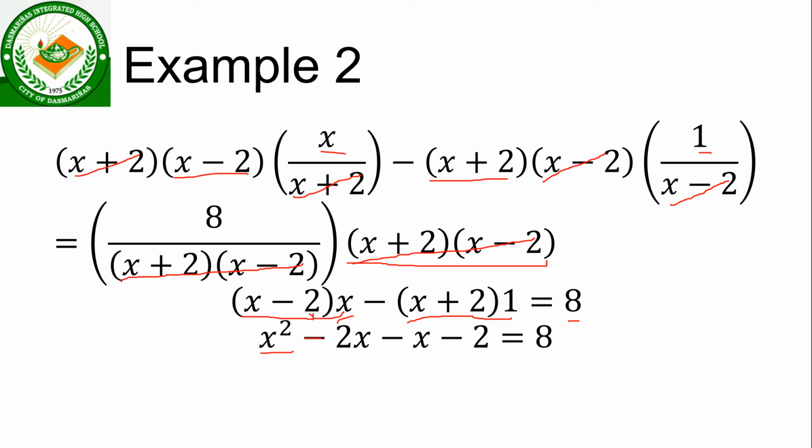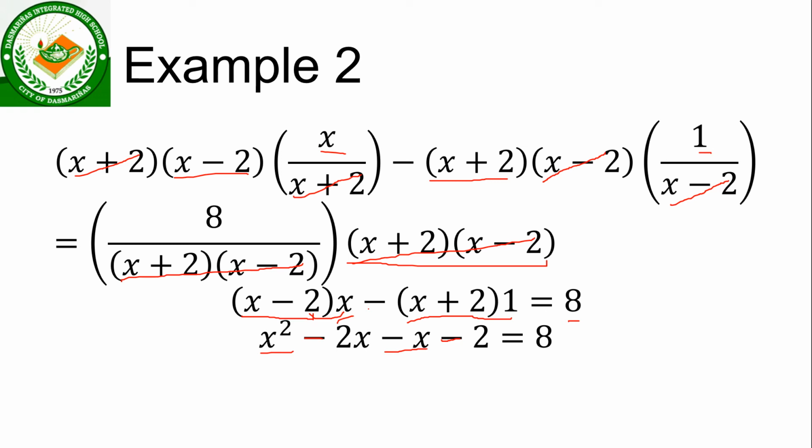Negative 1 multiplied by x, simply negative x. Negative 1 multiplied by 2 will give us negative 2. And that will be equal to 8.